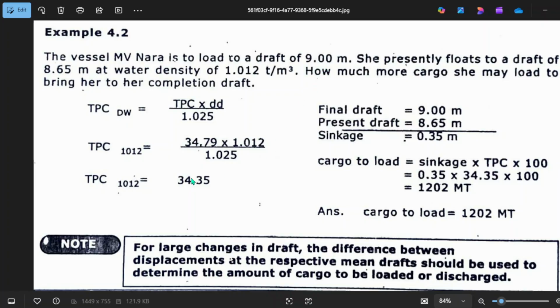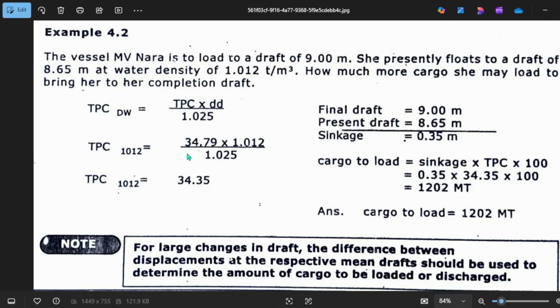Okay, so here he has a formula of the TPC in dock water, meaning he has already made a correction of the TPC in dock water. So the formula is TPC times your dock water density over 1.025.